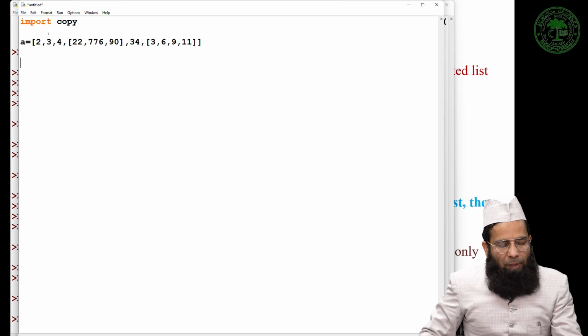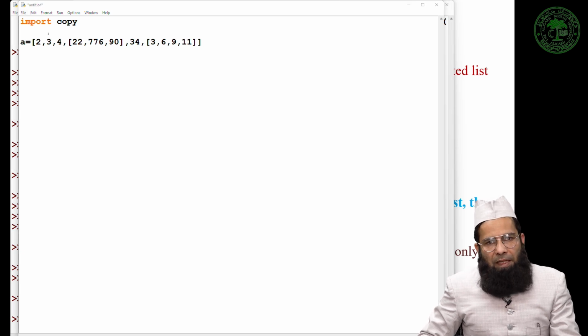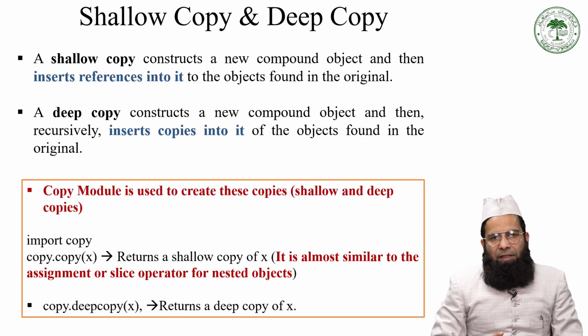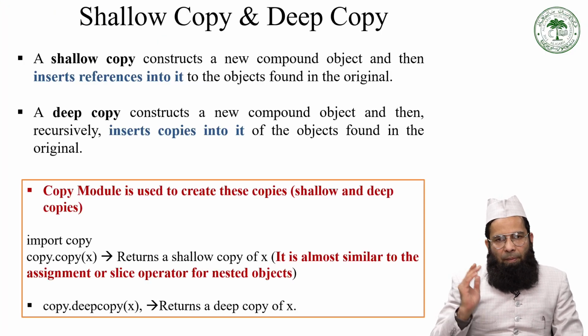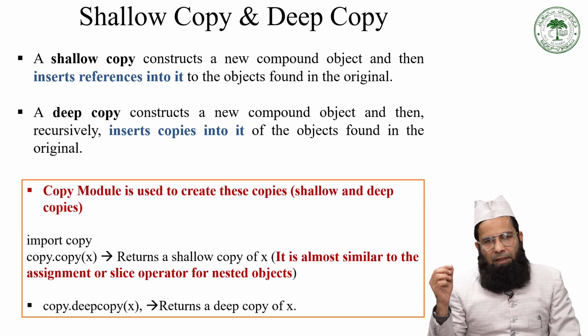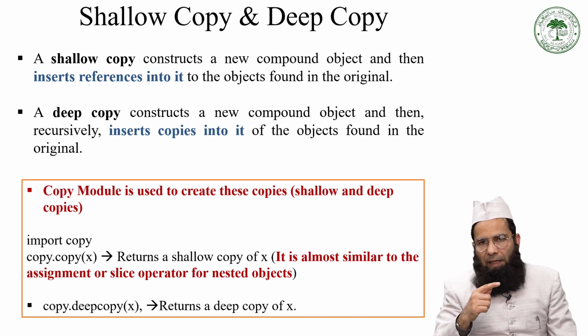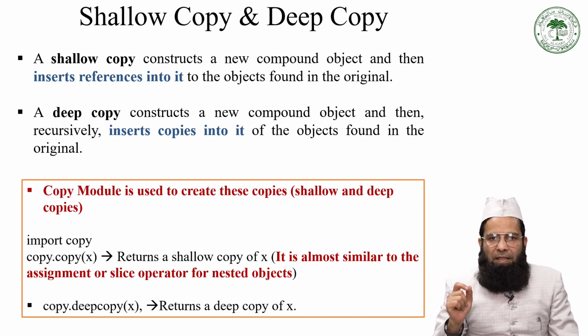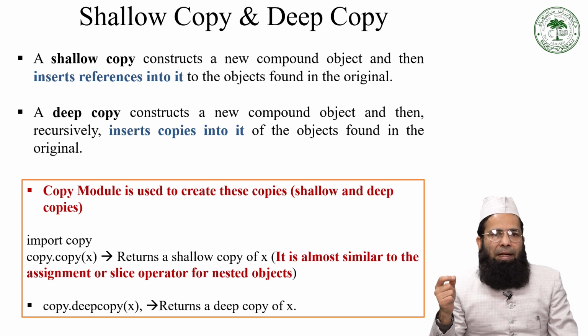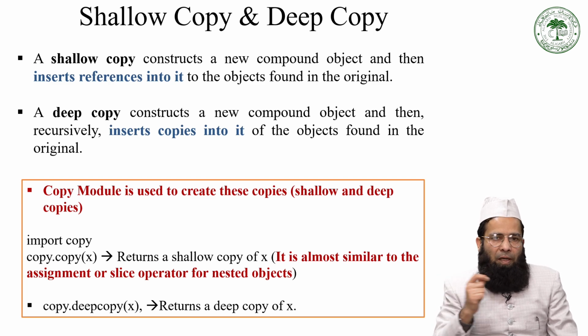So let me come to the PPT first, where I will discuss, and then I will again come to the IDLE. We have seen what a shallow copy is. Shallow copy means if you are updating some data in a list, that would be reflected in another list as well. A shallow copy constructs a new compound object and then inserts references into it to the objects found in the original, right.